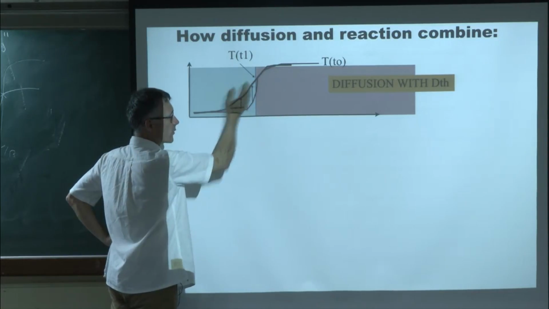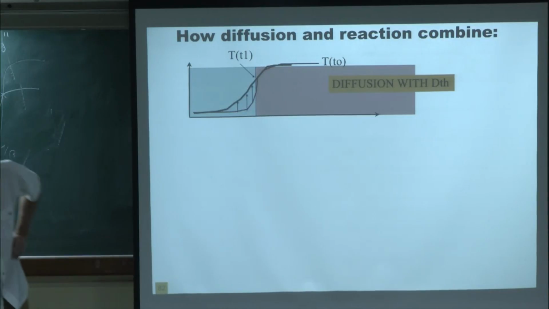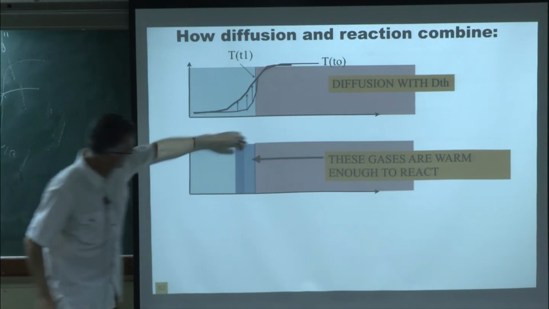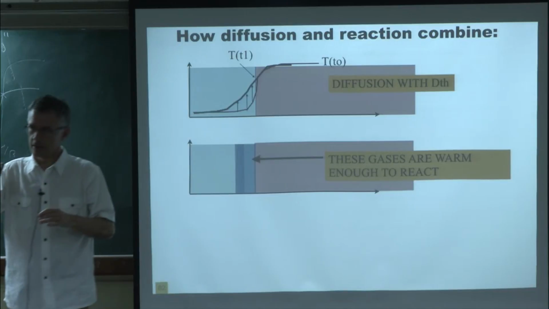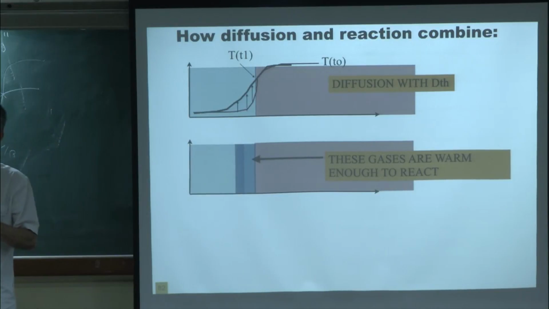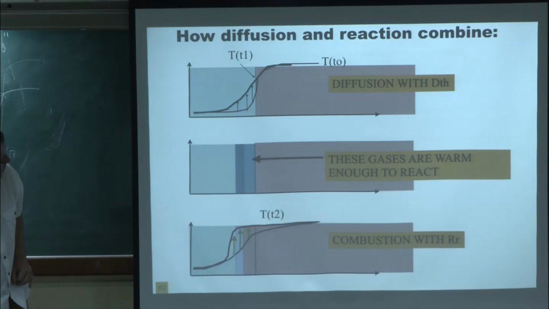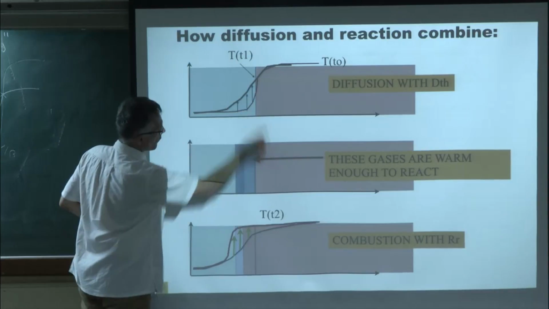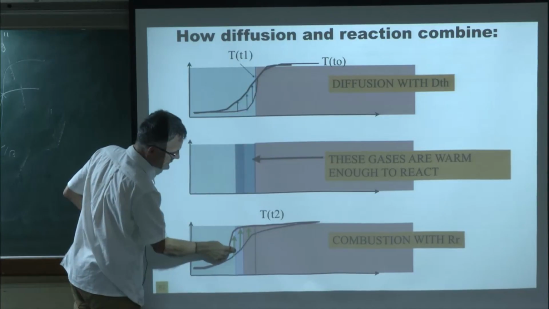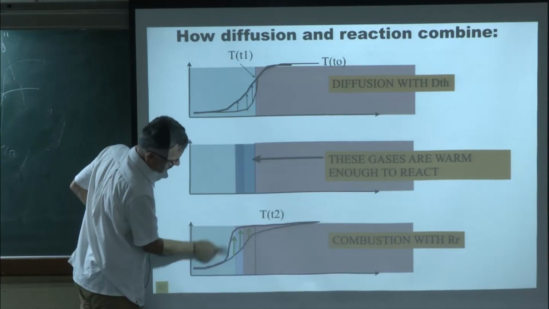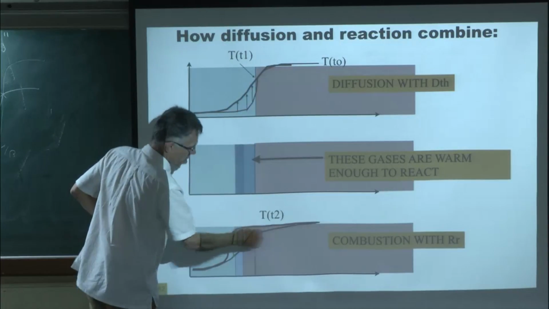Now, because these fresh gases are a little bit warmer, there's a zone here which is suddenly getting to a temperature high enough for reaction to begin. So combustion will begin in this small zone and will bring this profile which has diffused up to here, and you look at the red line, now it's the same as this one, but it has moved a little bit.